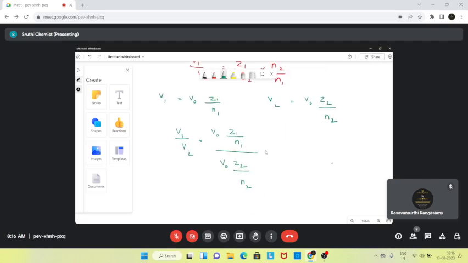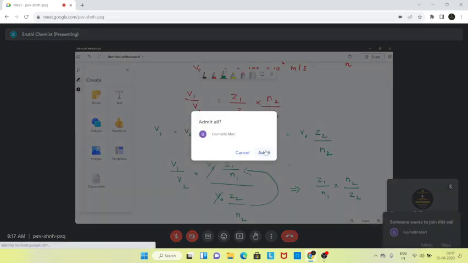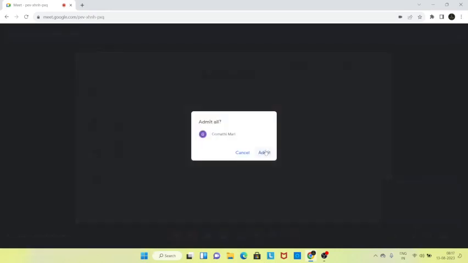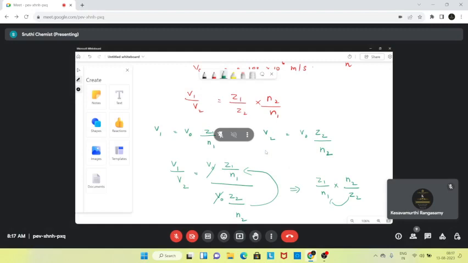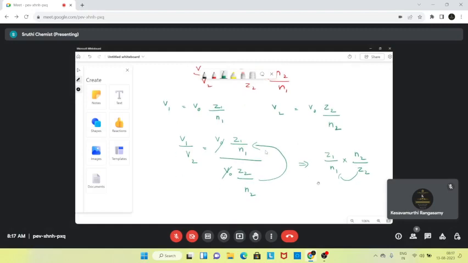The V naught terms get cancelled. Since it comes in the denominator, take the reciprocal. This is Z1 divided by N1 into N2 divided by Z2. So this is what I wrote in the formula: V1 by V2 is equal to Z1 by Z2 into N2 by N1. Hope it's clear. Is there any doubt in the ratio part?